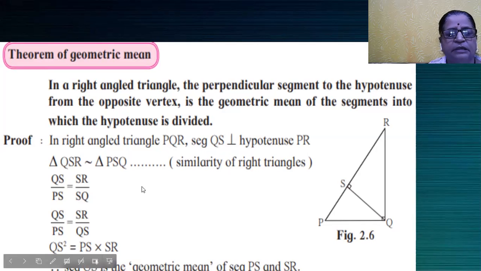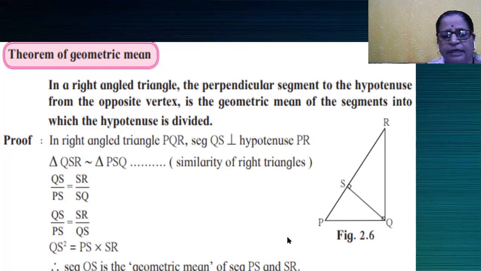So these two triangles, triangle QSR and triangle PSQ, are similar in a right angle triangle. So their sides are in proportion. Therefore, SQ divided by PS is equal to SR divided by QS.